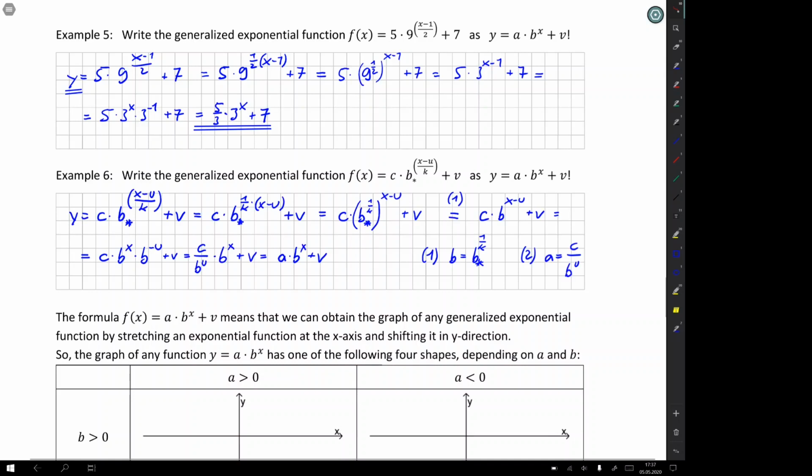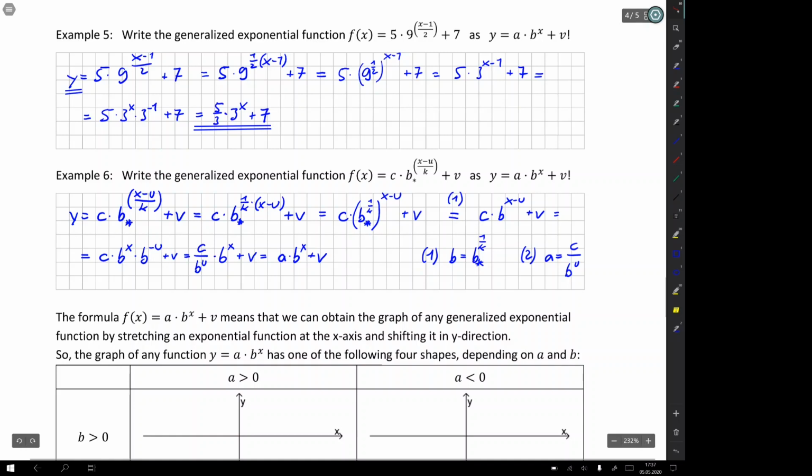The principle is exactly the same as in example 5. So we start with the function, then first we factor out the divided by k as 1 divided by k. We get this expression to the power of x minus u, and then I replace this here by b, so that's the 1 here. And next, get the minus u, factor it out here as b to the power of minus u.